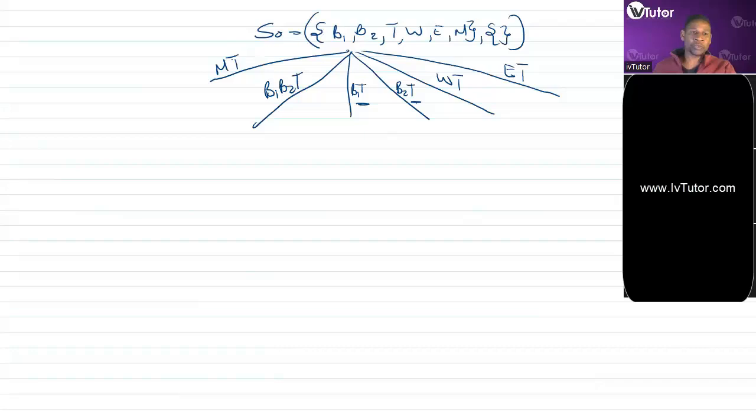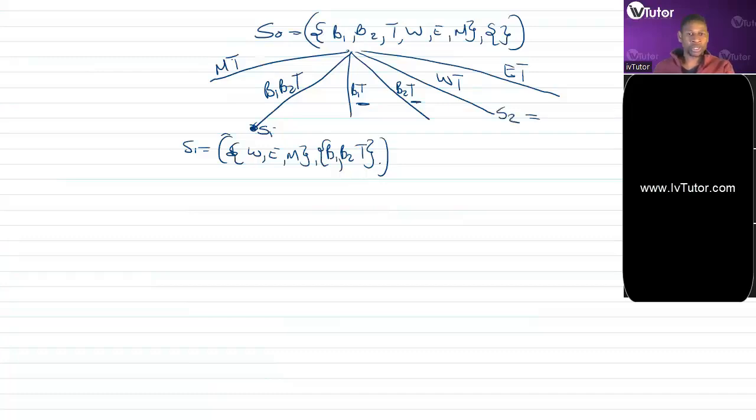So if I take any one of these, I took this one, it led me to S1, which is equal to W, E, M, and then we're going to have B1, B2, T on the other side. You can do that to any of these other branches. Maybe let's call this S2.